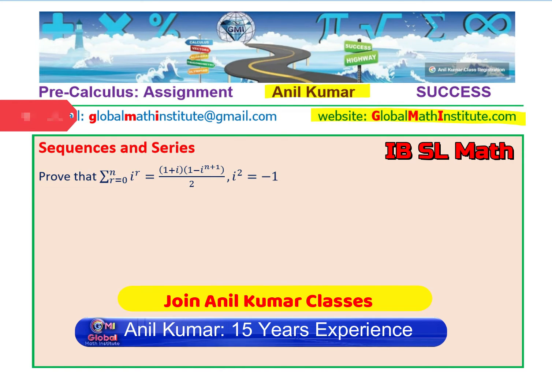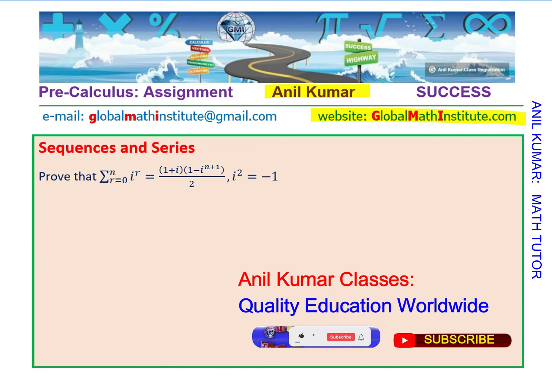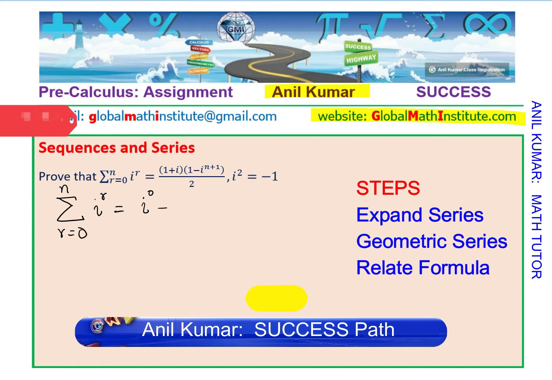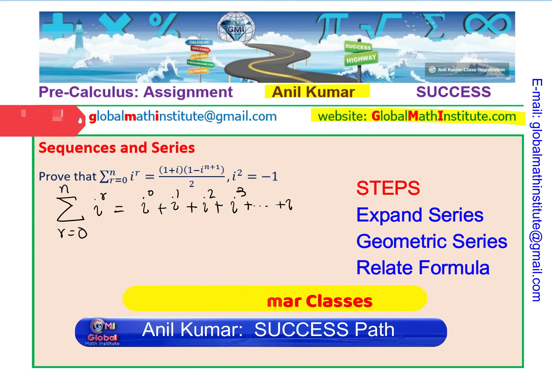Let's also understand a few concepts before getting into the solution. The sum of the series from r equals 0 to n of i to the power of r really means i to the power of 0 plus i to the power of 1 plus i squared plus i cubed, and so on till i to the power of n.